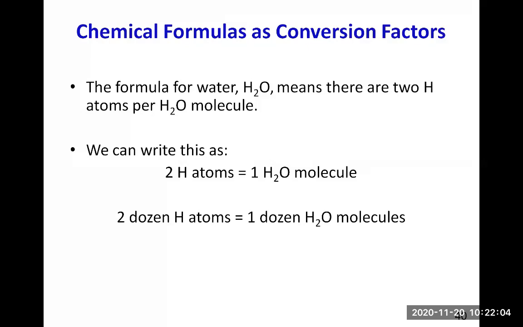And if we multiply the first equality by the Avogadro number, then, because the Avogadro number is equal to a mole, we can say that in 1 mole of molecules of water, we have 2 moles of hydrogen atoms, because we multiply on both sides by the same number, so the equality still stands.